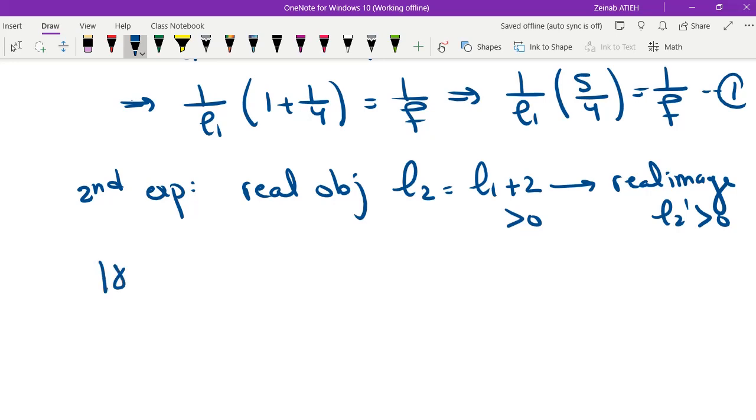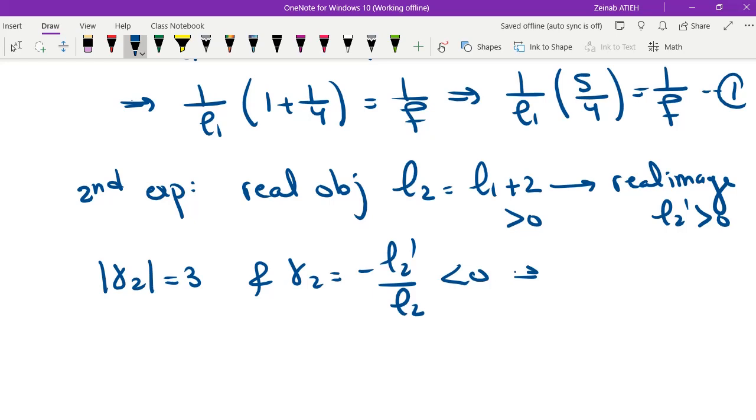They told us that the magnification gamma 2 in this case is equal to 3. So we look at the sign of gamma: minus L2 prime over L2. Since both are positive, gamma is negative and gamma 2 is equal to minus 3. So gamma 2 equals minus 3.